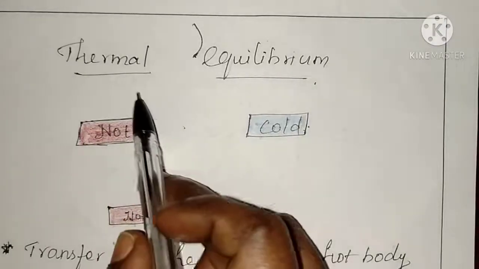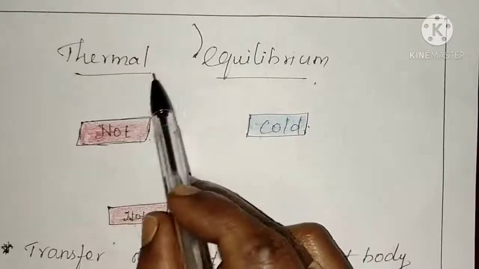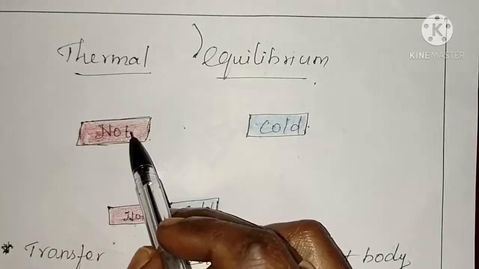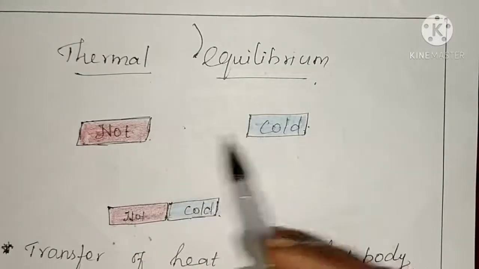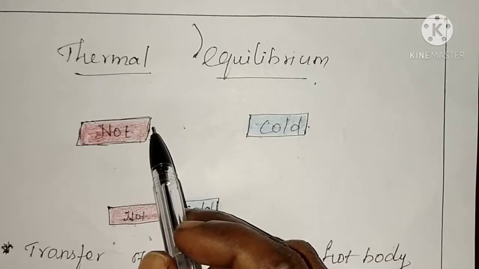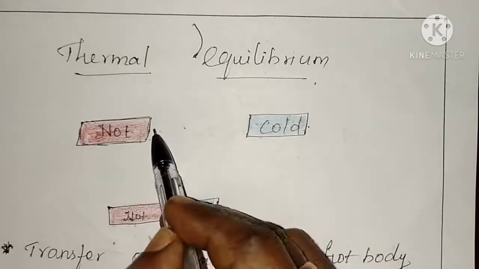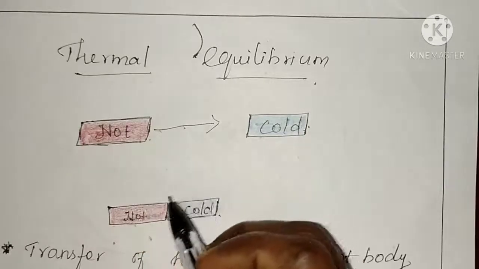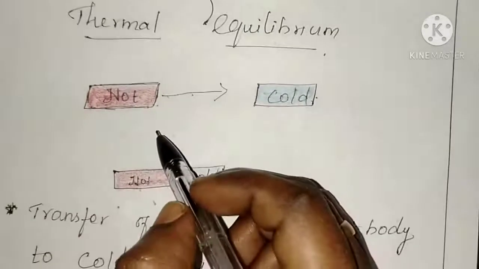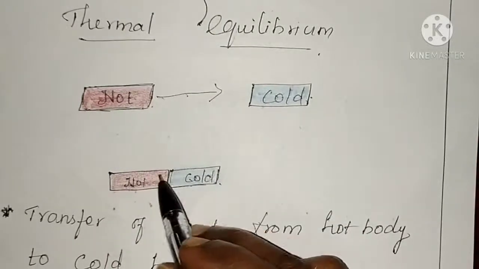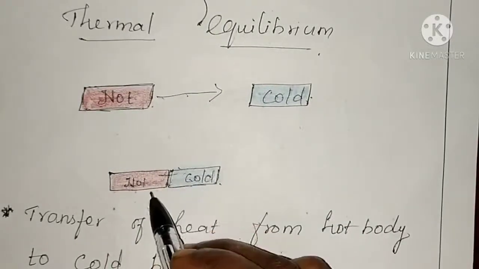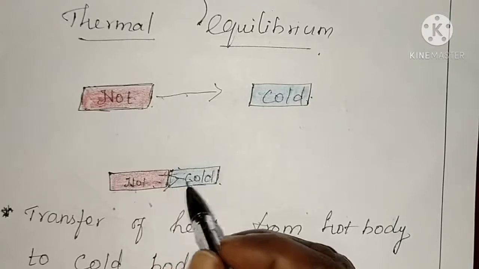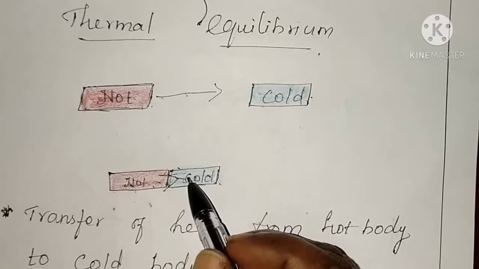Next we are going to learn about thermal equilibrium. What do you mean by thermal equilibrium? See this example: here one hot object is there, and here a cold object. You all know that heat transfers from the hot object to the cold object when the two objects are brought into contact.